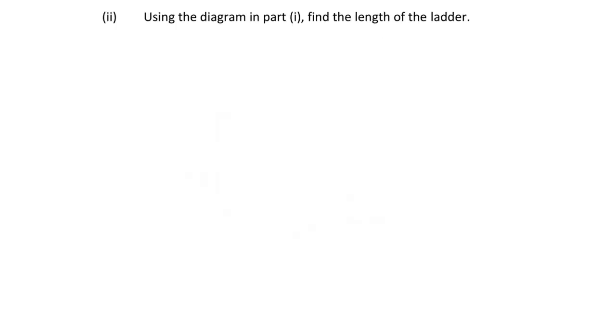For Roman 2, using the diagram in part 1 above, find the length of the ladder. For this one, we are going to use the Pythagoras theorem to find the length. The theorem says c squared equals a squared plus b squared. Now from our diagram, a is 5, b is 12, and c is the ladder. Let us substitute these values.